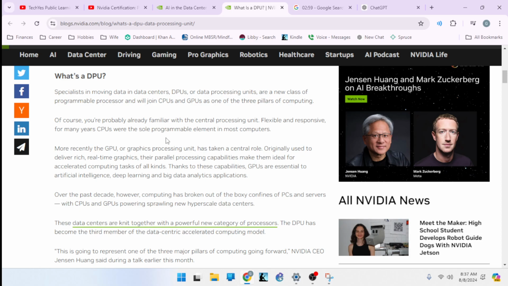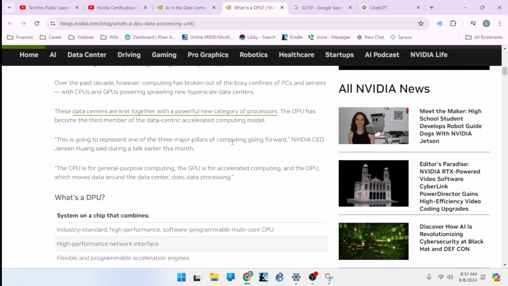Over the past decade, however, computing has broken out of the boxy confines of CPUs and servers, with CPUs and GPUs powering sprawling new hyperscale data centers. These data centers are knit together with a powerful new category of processors. The DPU has become the third member of the data-centric accelerated computing model.